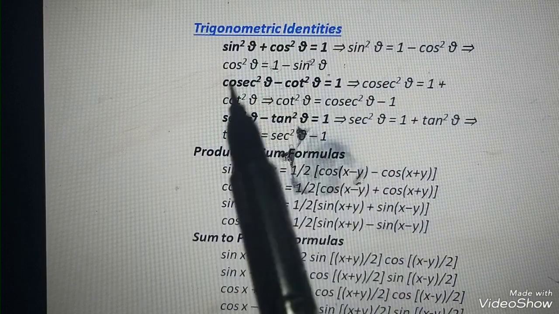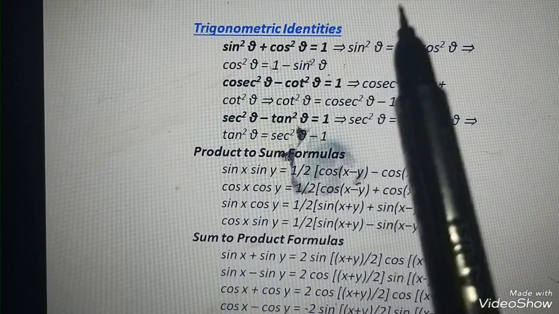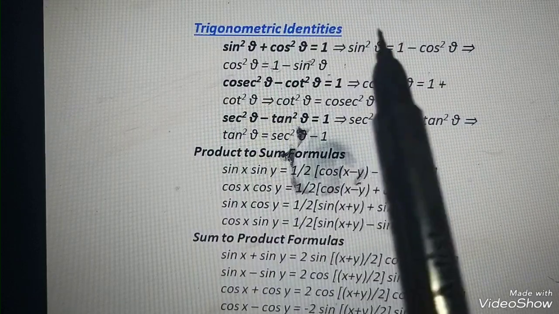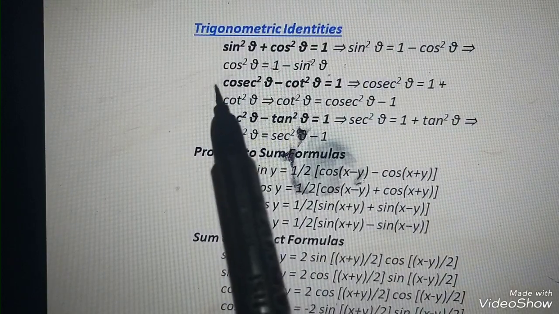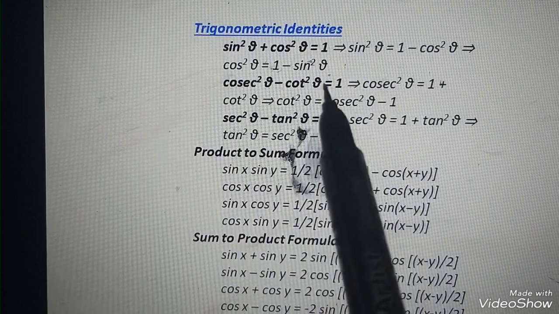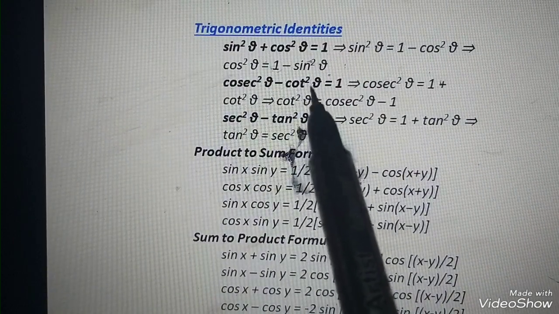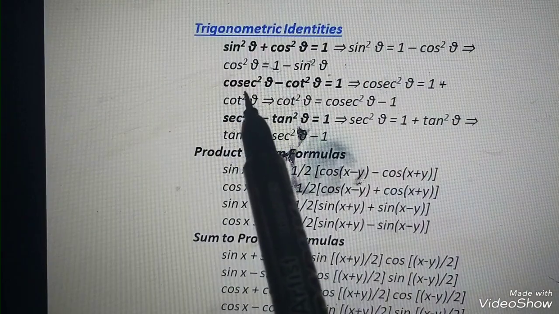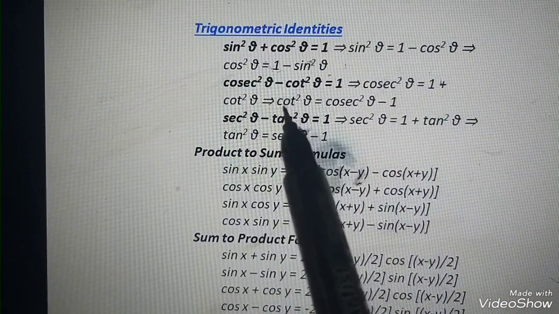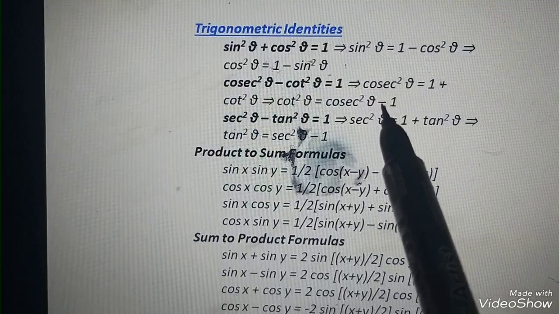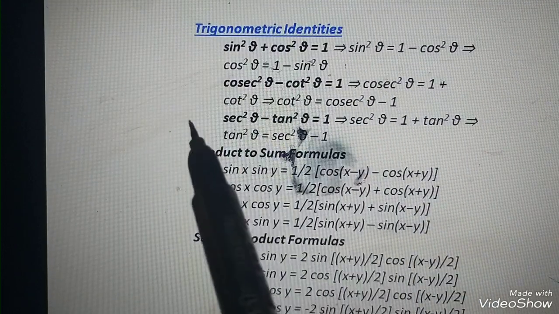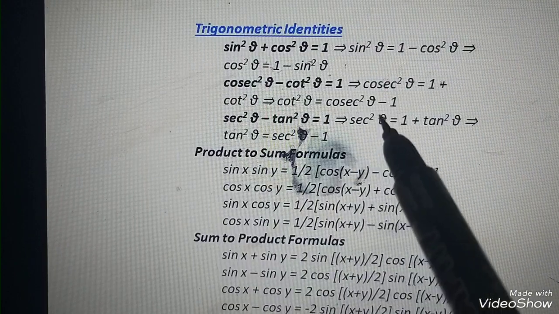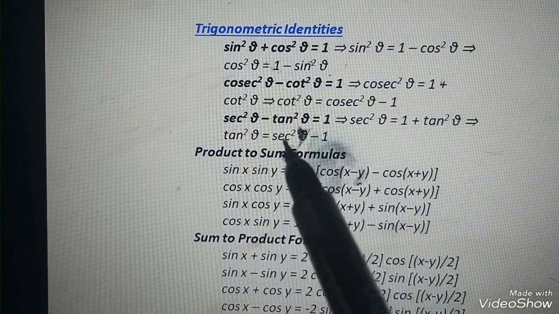Sin square theta equals 1 minus cos square theta, and cos square theta equals 1 minus sin square theta. Children, we can also write cot square theta equals cosec square theta minus 1. Sec square theta minus tan square theta equals 1. That can be written in this form and in this form also.